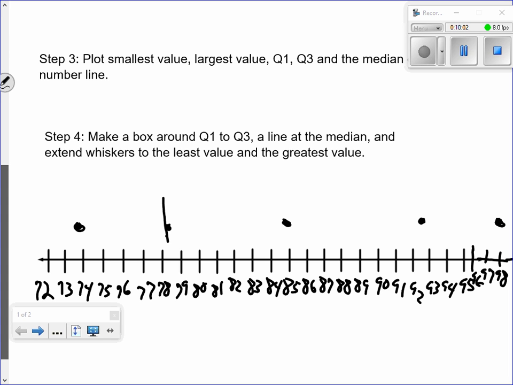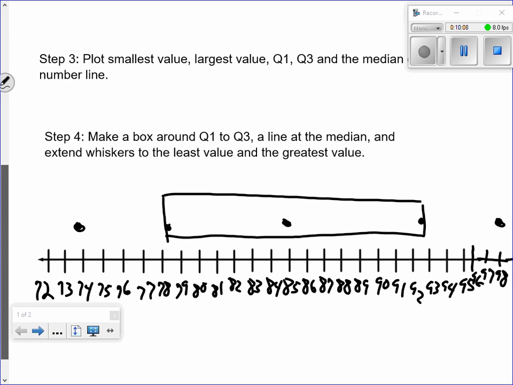There's Q1 all the way to Q3. A line at the median, so we draw a line down there, and extend the whiskers to the least value and the greatest value. There's a box, and there's your whiskers.